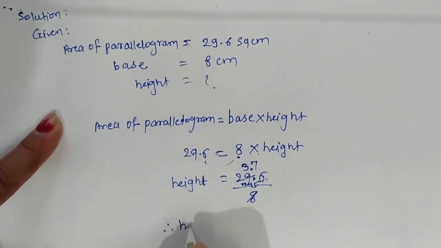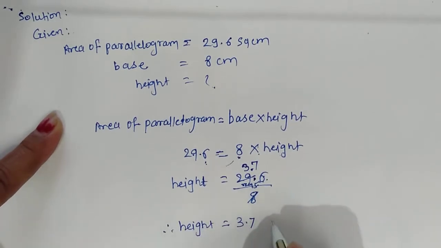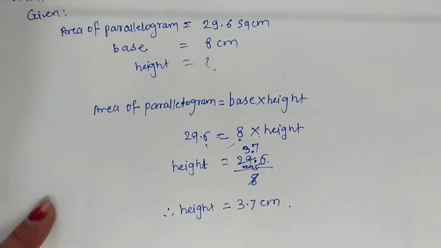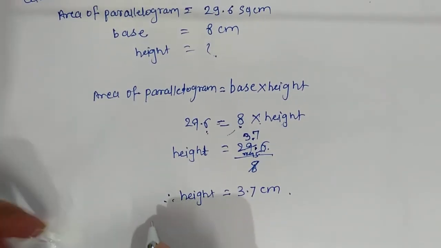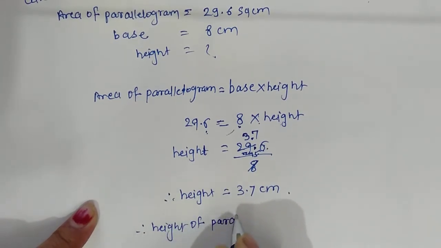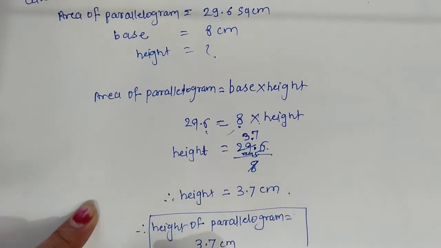So therefore height is equal to 3.7 centimeter. So therefore write down the answer line. Height of parallelogram is equal to 3.7 centimeter. Very simple.